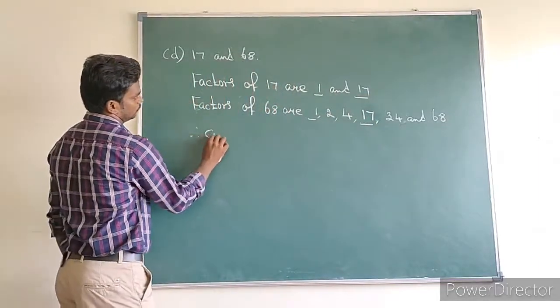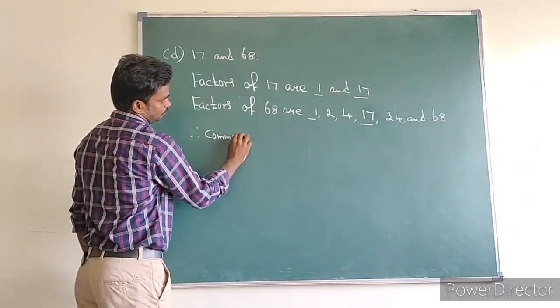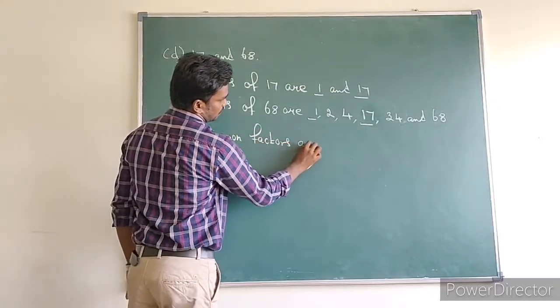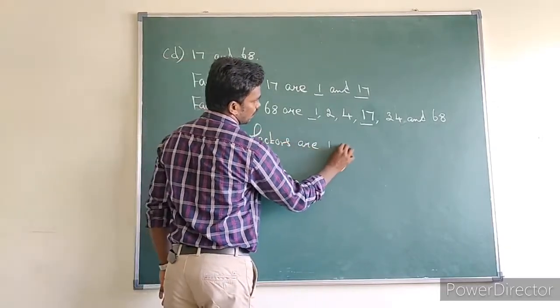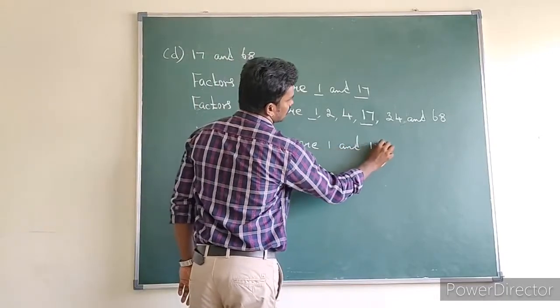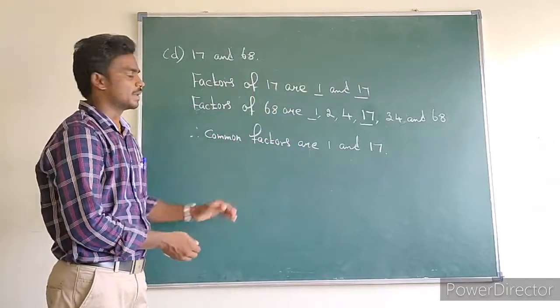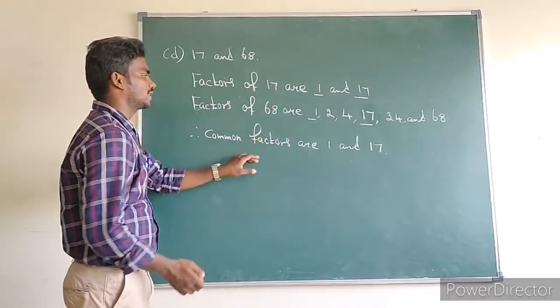Therefore, what are the common factors? 1 and 17. A number pair having only one as the common factor is co-prime. Here we have two common factors, 1 and 17.